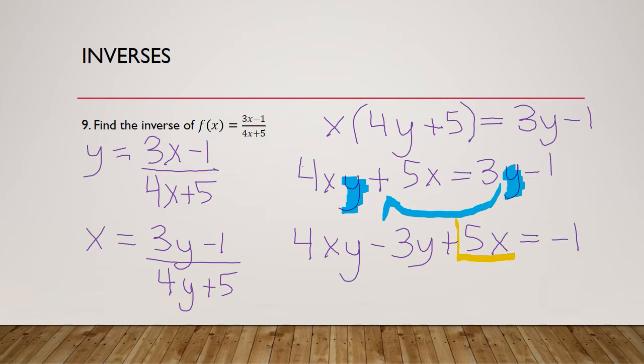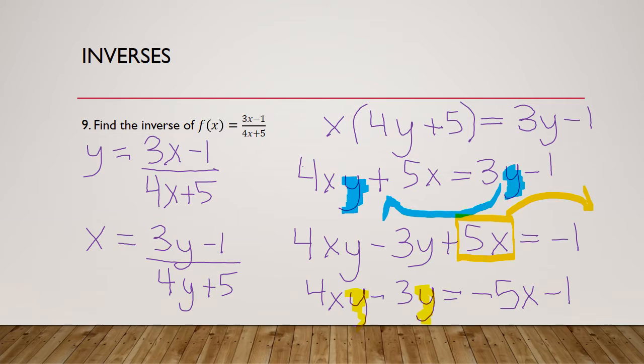But now I've got something on the left-hand side which does not have a y in it. So it's a not y thing. So it's got to move to the other side. So I'm going to subtract 5x from both sides. So I have 4xy - 3y = -5x - 1.